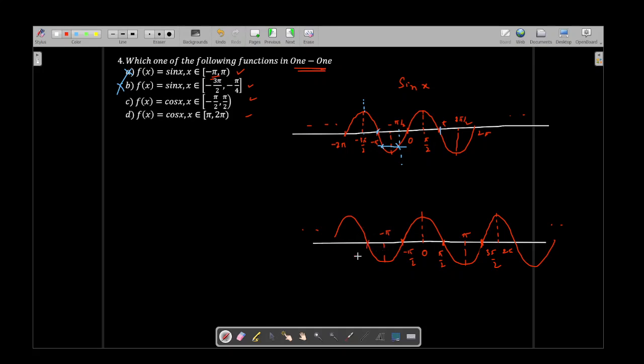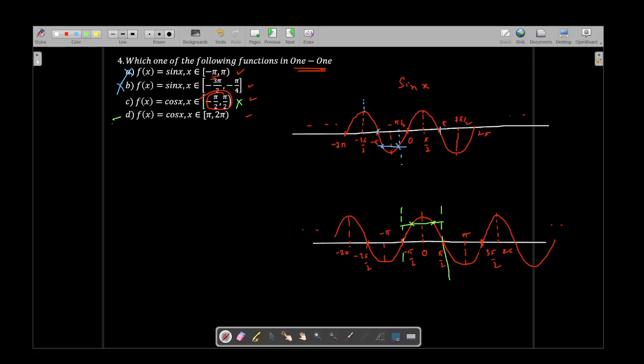This is minus 3 pi by 2, and this is my minus 2 pi. So from minus pi by 2 to pi by 2, this is the interval. You can clearly see, if I pass a horizontal line like this, it touches at 2 points. So this is not correct.